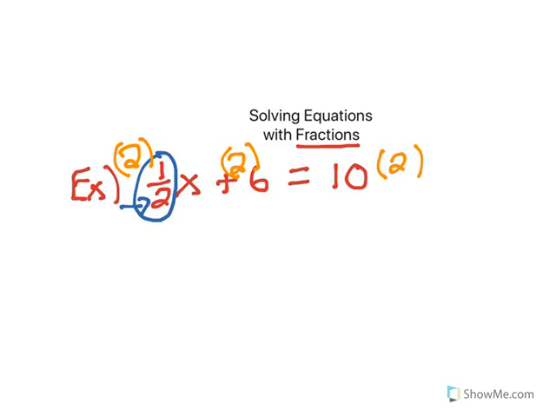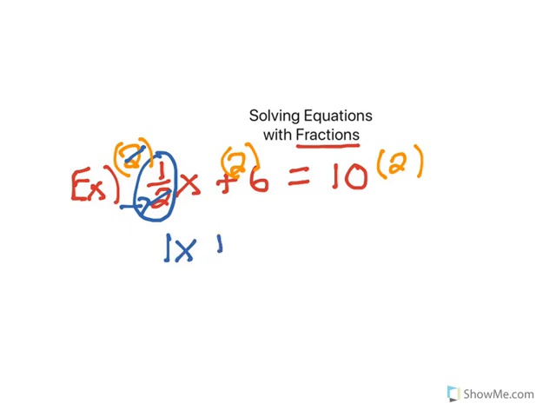2 times 1/2 x. Now 2 times 1/2, you can do that in your calculator. But essentially what's happening is your 2's are going to cross each other out. They're going to reduce out, and you're just going to be left with what's in the numerator, in this case 1x. So 2 times 1/2 x is the same as 1x.